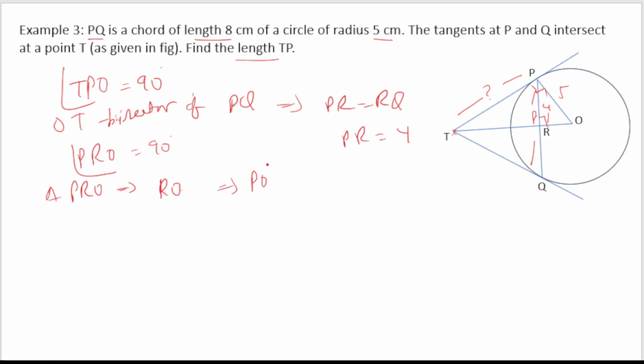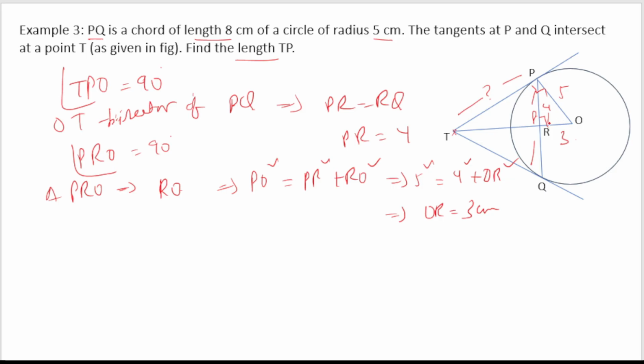How? PO square, hypotenuse square, is equal to PR square plus RO square. So PO square is 5 square is equal to PR square is 4 square plus OR square. Here you will get OR is equal to 3 centimeters.